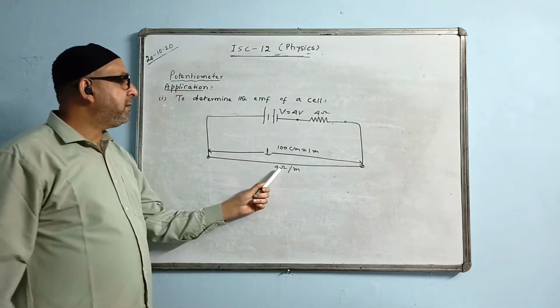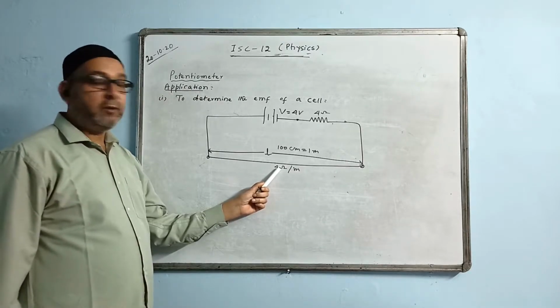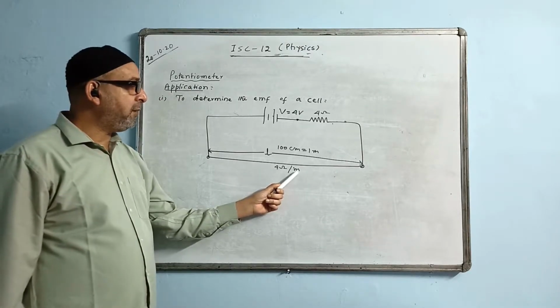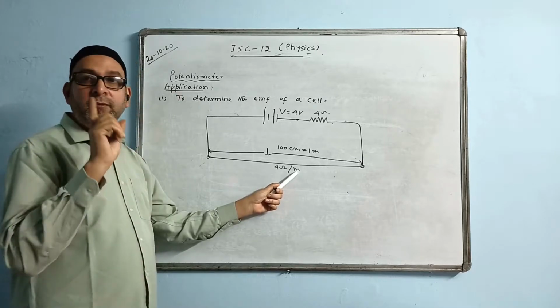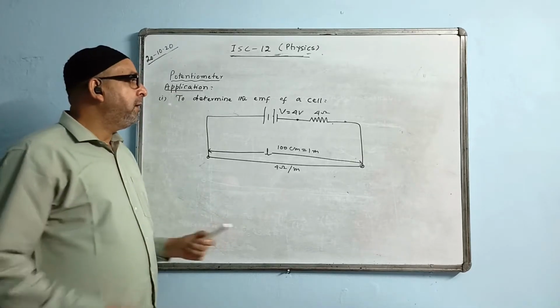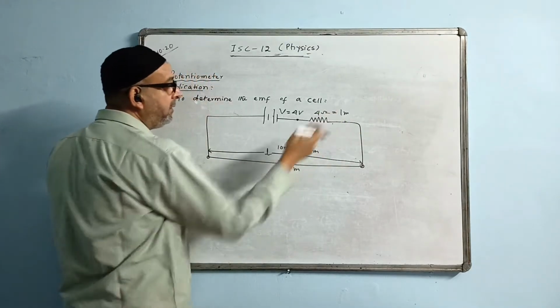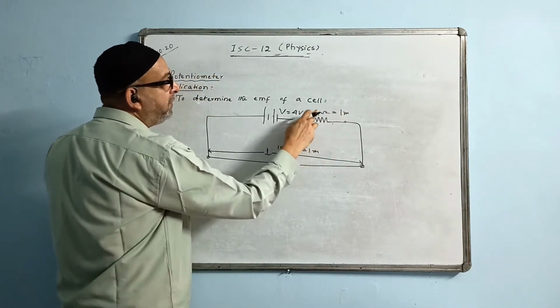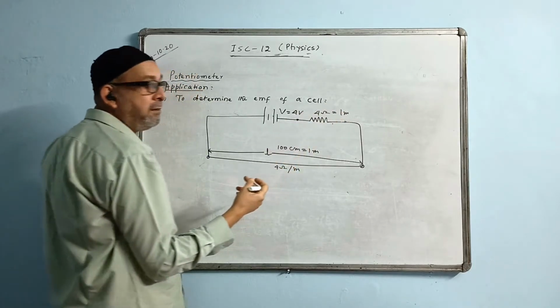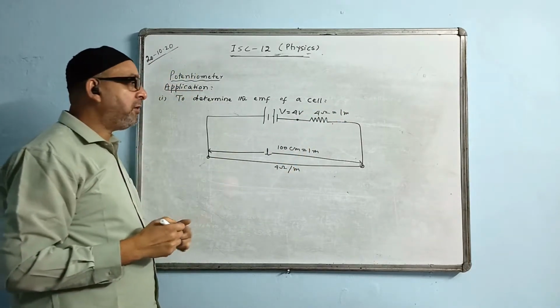That means what is the length of the 4 ohm wire? 1 meter. 4 ohm has a length of 1 meter, since per meter is given. That means this is also 4 ohm. So 4 ohm length will be equal to how many meters? 1 meter. If it is 8 ohm, it will be 2 meter. If it is 12 ohm, it will be 3 meter. So we can do the unitary method and calculate.